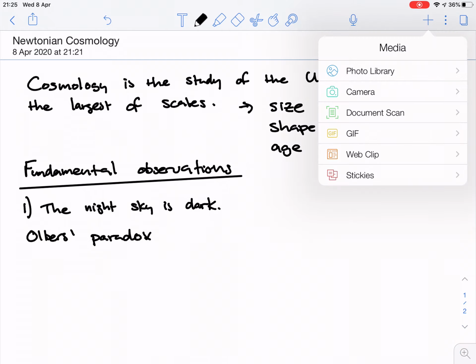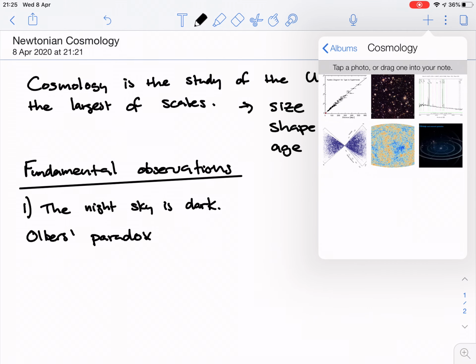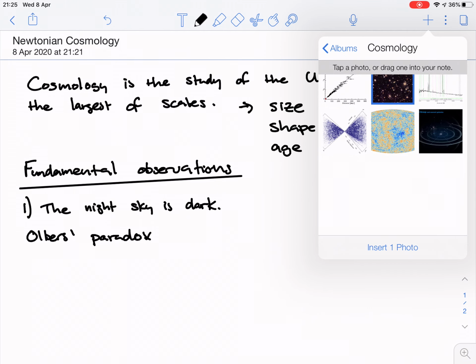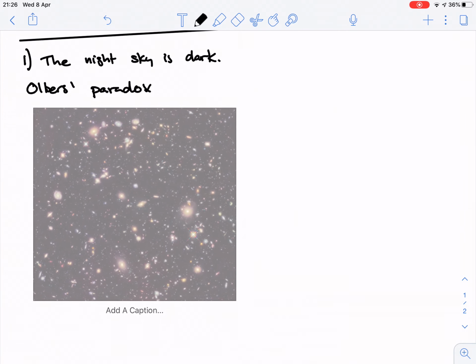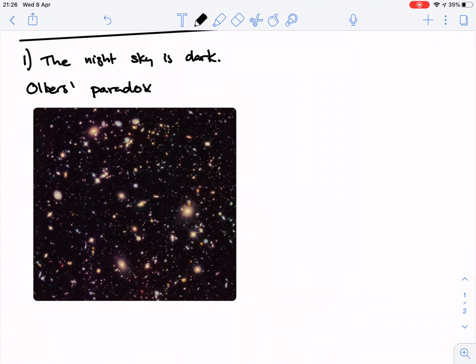And so even if I look, for example, at some of the most extreme images of the universe that we've seen. So this is the Hubble Ultra Deep Field. It's what you get when you take the Hubble Space Telescope, which is the most sensitive telescope we've ever made, and you point it for several weeks at one spot.